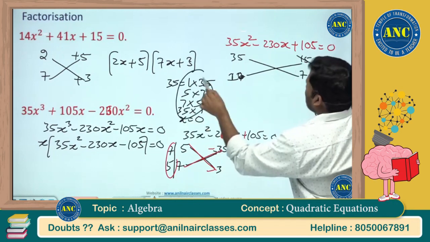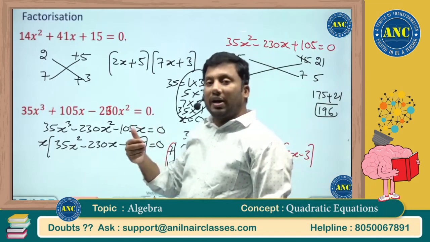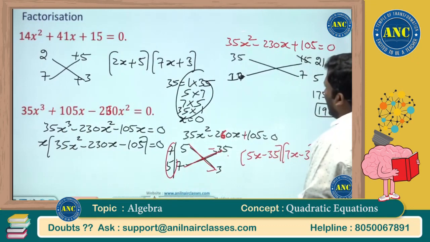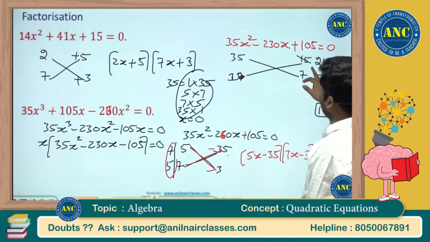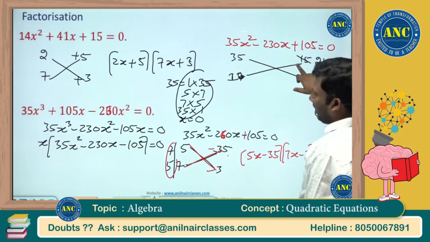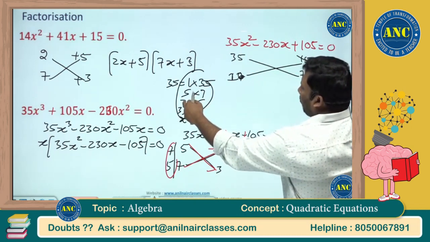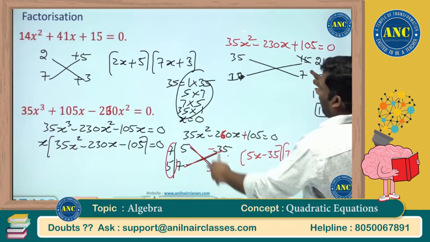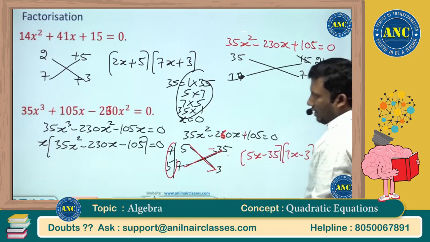These are the 4 cases. 105 is 1 into 105, 5 into 21, and 15 into 7. Anywhere possibility is there? I require 230. If I take 21, 21 sevens are 147. 35 sevens are 245. Actually, it is 260 only.